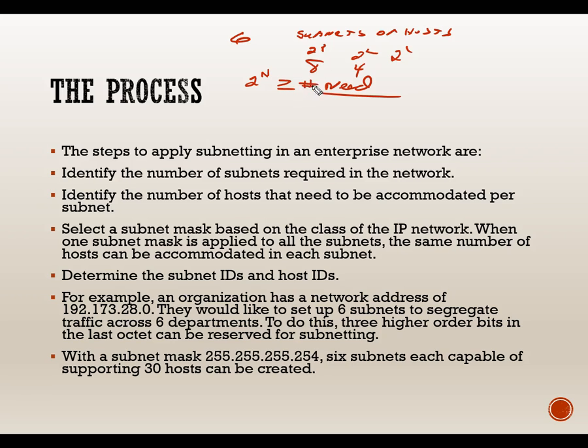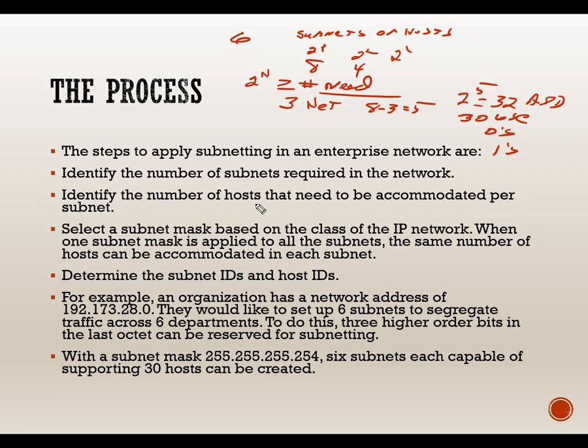So if we use 3 bits for the network, since we have a total of 8 bits, and we'll presume we're in the last octet, 8 minus 3 would be 5, so 2 to the 5th, 2, 4, 8, 16, 32 addresses, 30 usable, because the all zeros is the network and the all ones is the broadcast address.